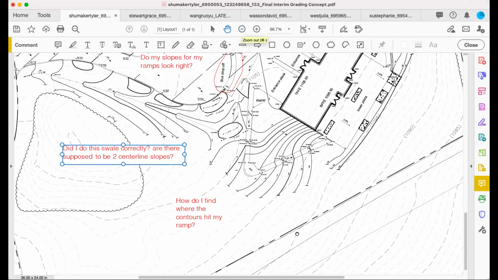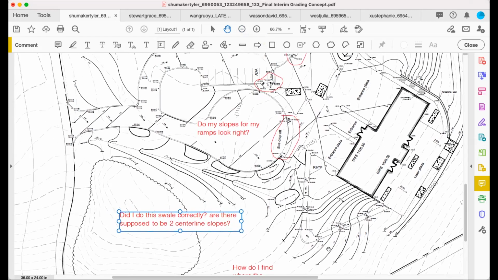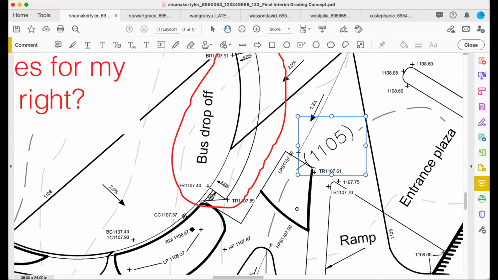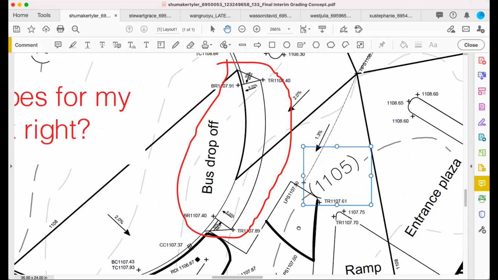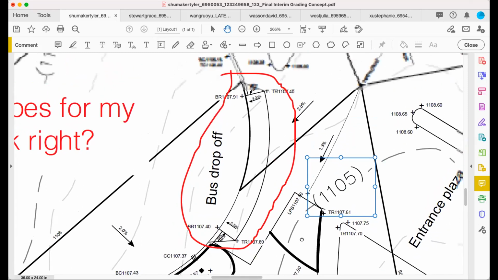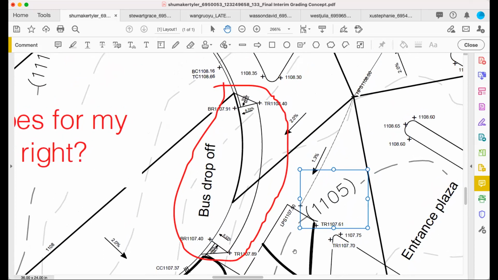Could you go back real quick? If we look at the ramp here, you have a top of a ramp, bottom of a ramp, and we're missing a few spots though. That spot needs to be there.